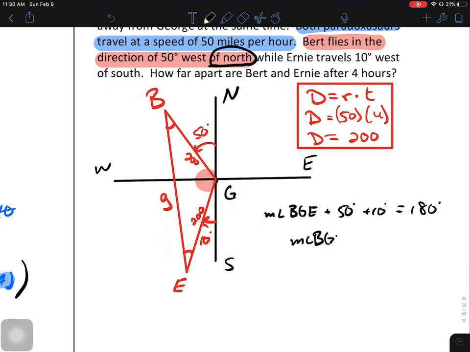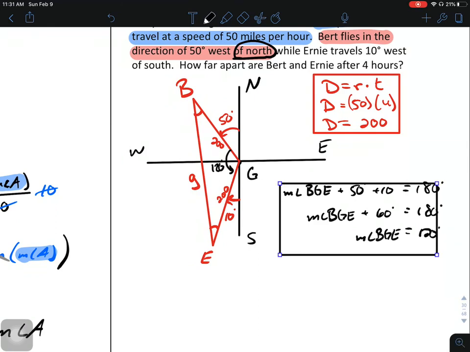It's going to be the measure of angle BGE plus 60 is 180, which makes the measure of angle BGE 120 degrees. I can put that in my picture. That's 120.